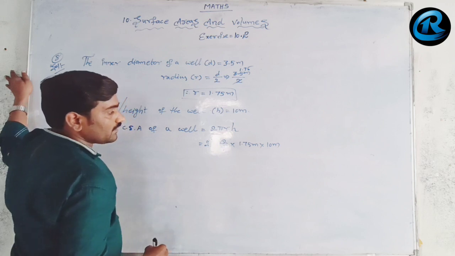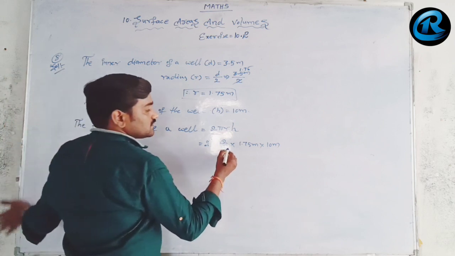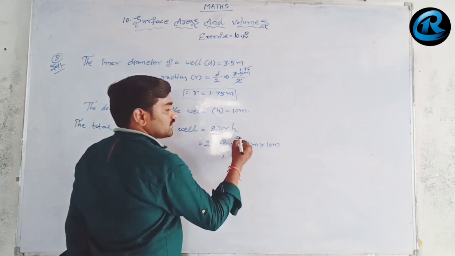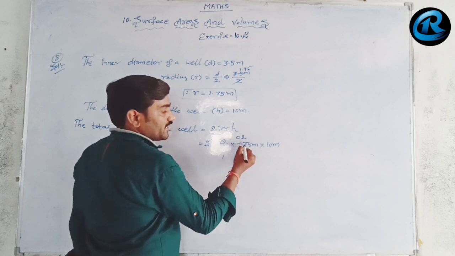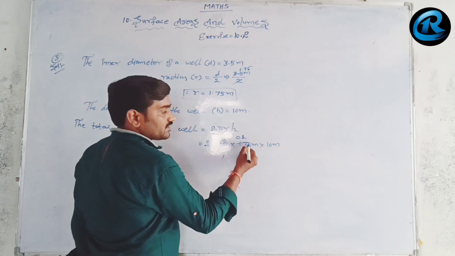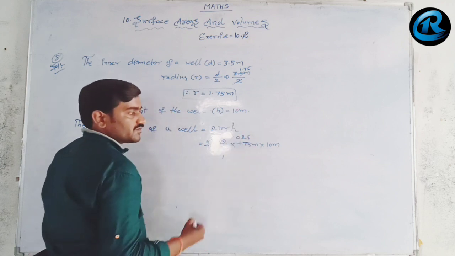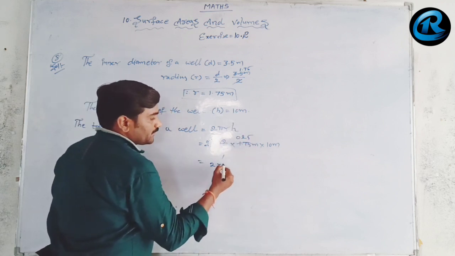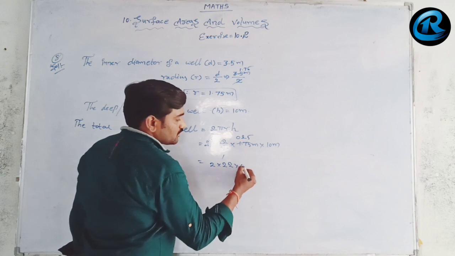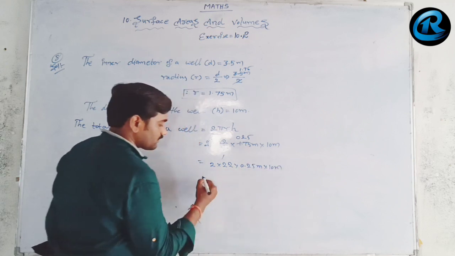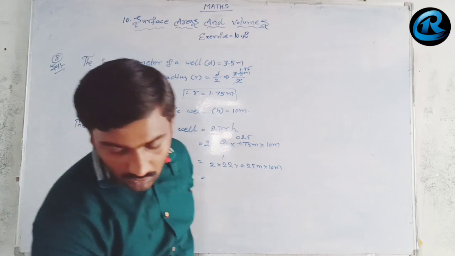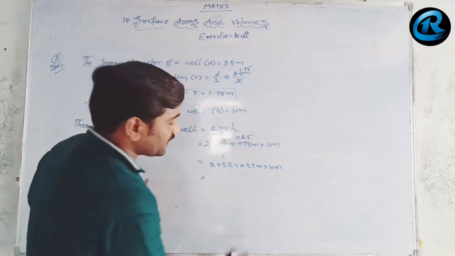Here we can cancel. 7 ones are 7, 7 zeros are 0, it becomes 17, then 7 twos are 14, 3 left, 35. So 7 fives are 35. That means 2 into 22 into 0.25 meters into 10 meters. When you multiply all this, we get 110 meters square.